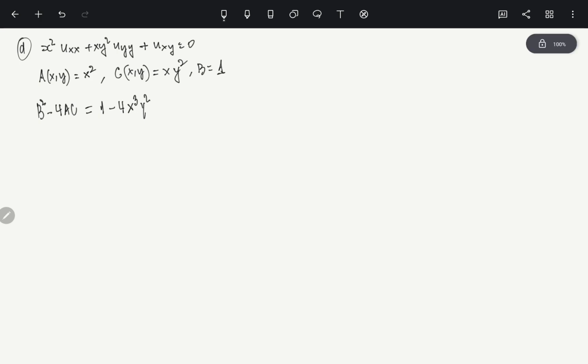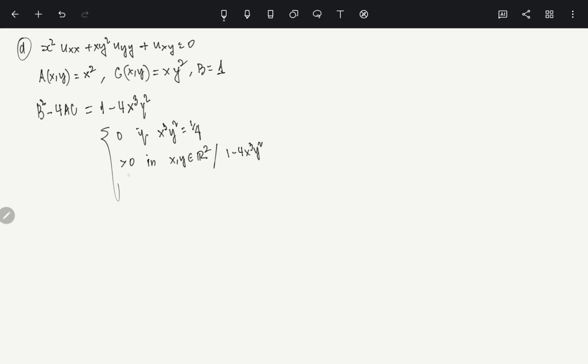This equals 0 on the curve x cubed y squared equals 1/4. There is some curve which is x cubed y squared equals 1/4, and on that curve the discriminant is 0. Of course, it is greater than 0 in the set of all those xy in omega, in this case the whole of R2, such that 1 minus 4x cubed y squared is positive.